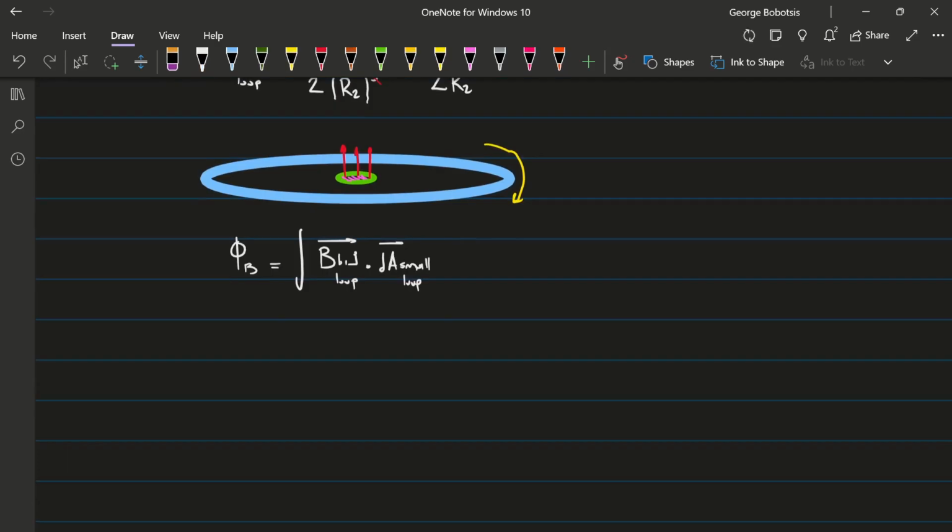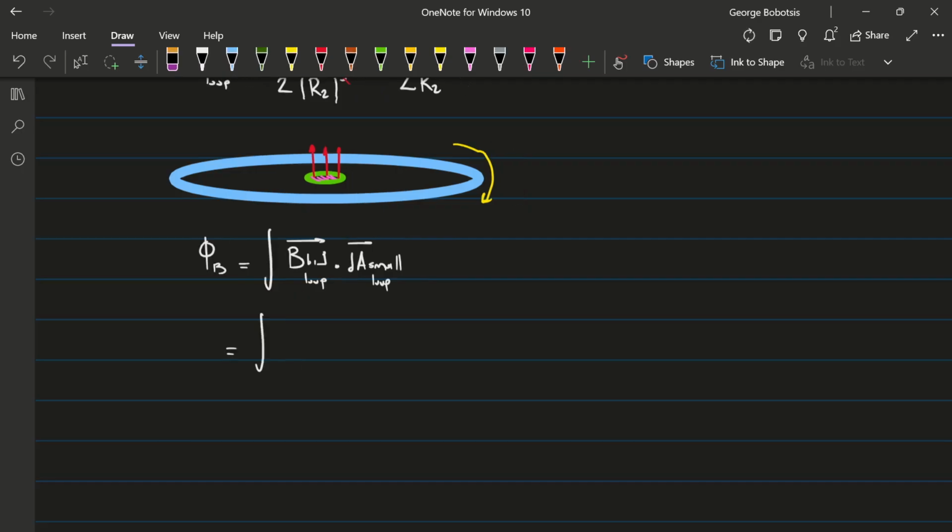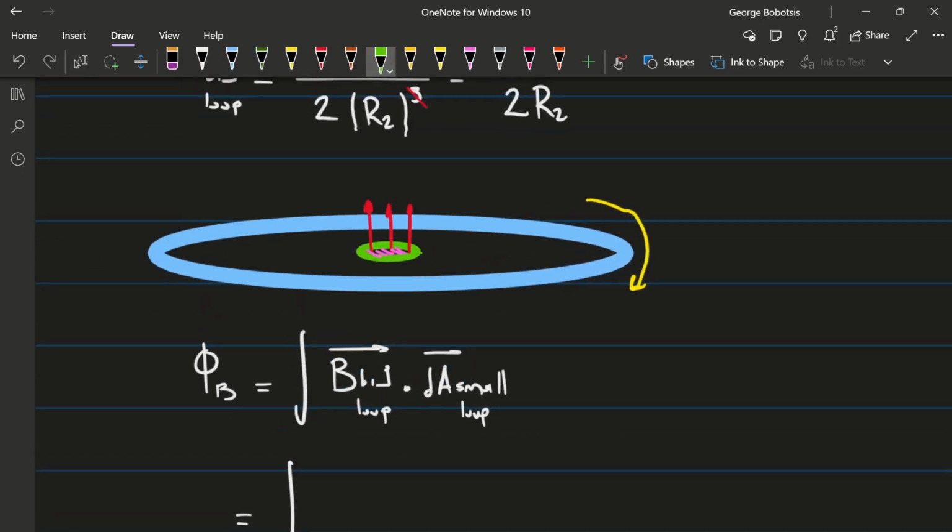There are a lot of simplifications you can do here. First of all, the magnetic field is entirely in the z direction, and so is the loop itself. Look at the loop itself. It has a normal always pointing up along the magnetic field, which means the dA and the B are both aligned. Yes, the B of the big loop exists here too, but I don't care about that region.